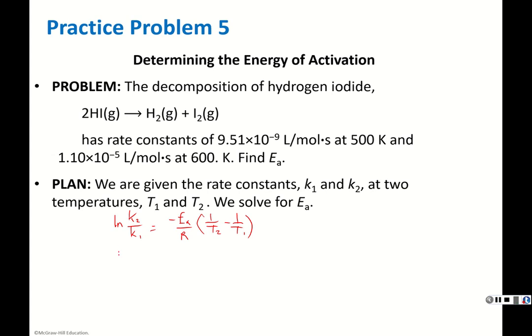First we can divide both sides by 1 over T2 minus 1 over T1, so we'd get negative EA over R. Then we can multiply both sides by R. So ln of K2 over K1 divided by 1 over T2 minus 1 over T1, that whole thing times R, would be negative EA.